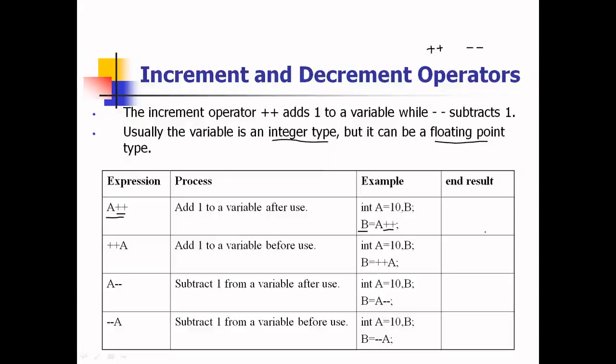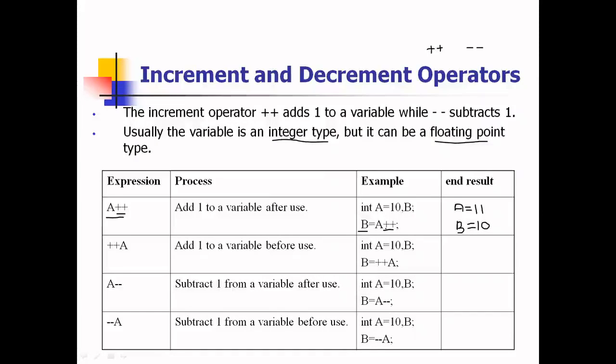That is why the end result of this particular example is, after this execution the value of a will become 11 and the value of b will be the old value, that is 10.